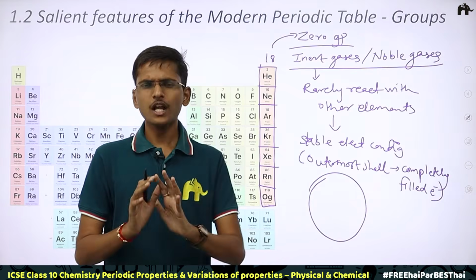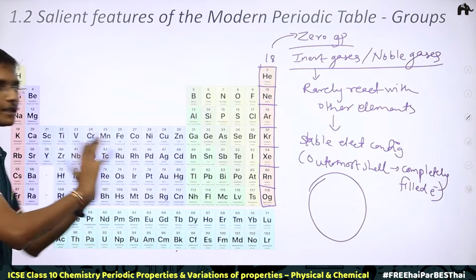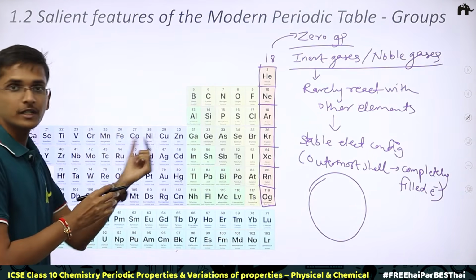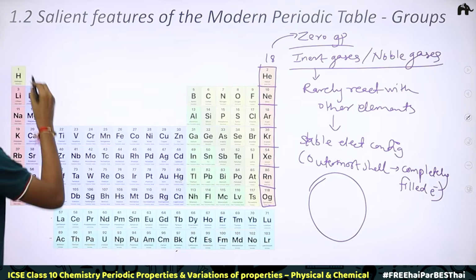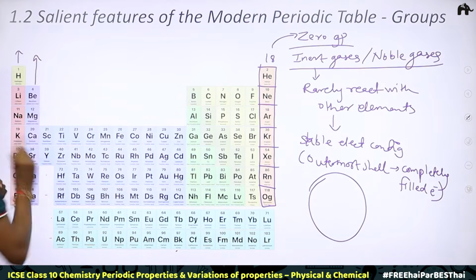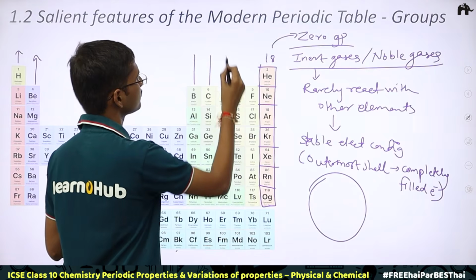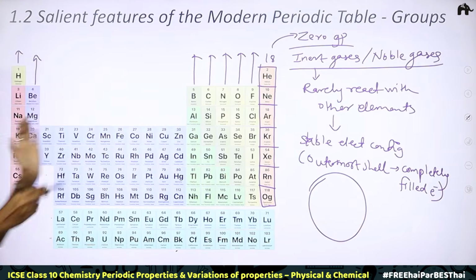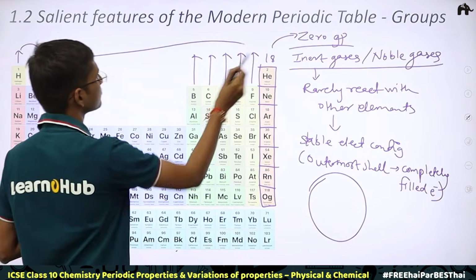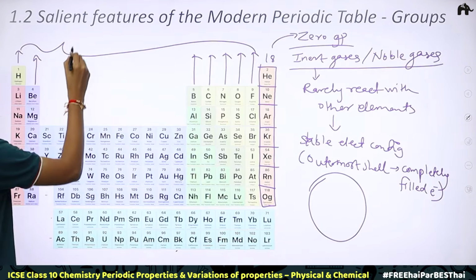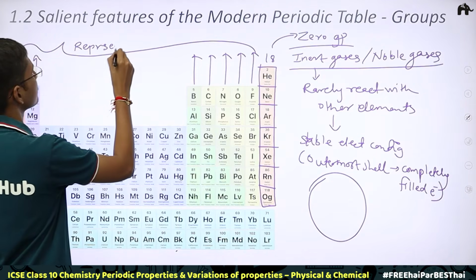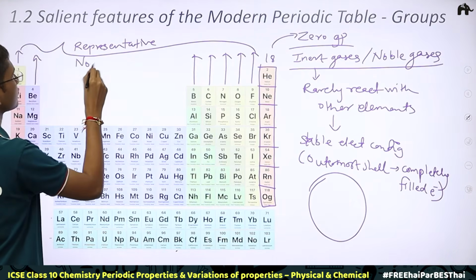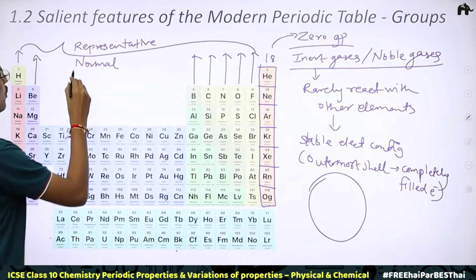Now let's move to the next part. Now we have seen all the 18 groups, but there are some groups which are like transition elements. From group 3 to group 12 they are named as transition elements. So this group 1, group 2 and 13, 14, 15, 16 and 17, the elements of these groups are named as representative elements or normal elements or main group elements.